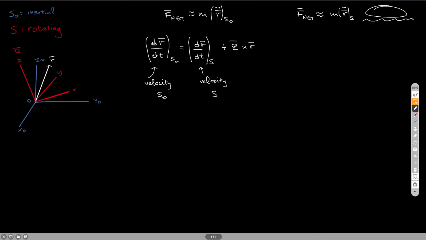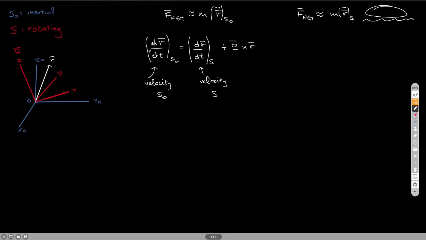Now, to find the relationship between the acceleration in the inertial frame of reference and the acceleration in the rotating frame of reference, we need to take the time derivative of this one more time.